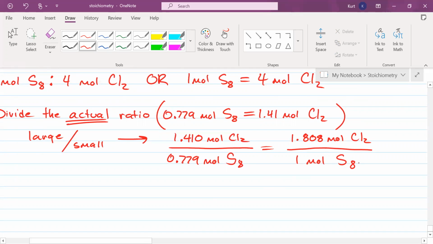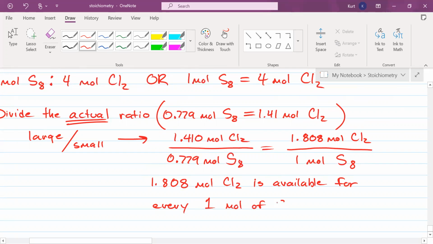You want to get one of those numbers down to 1, so you can say that one of them is just the whole number. So here is what this interprets as. Hold on. 1.808 moles of chlorine is available for every 1 mole of sulfur.